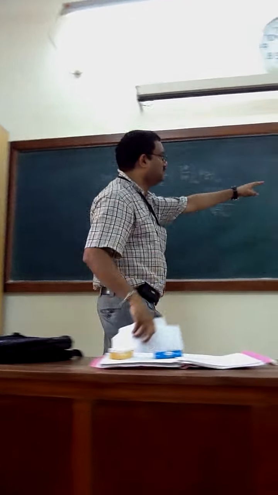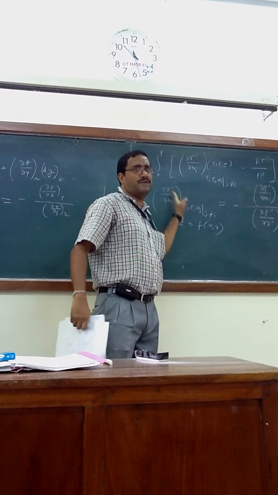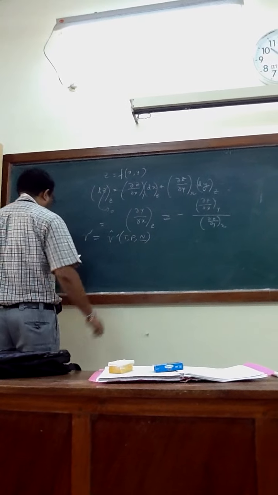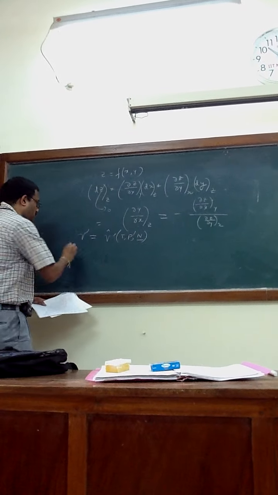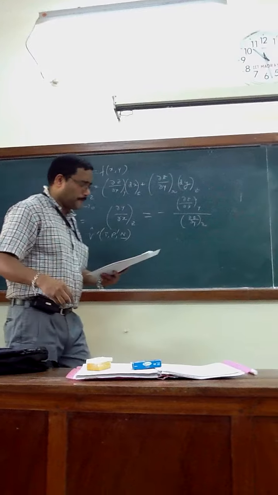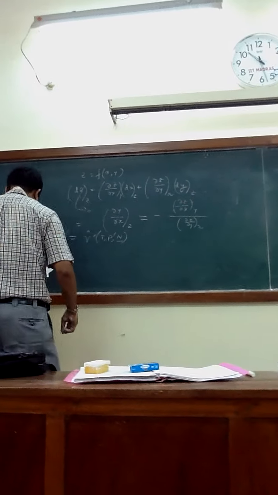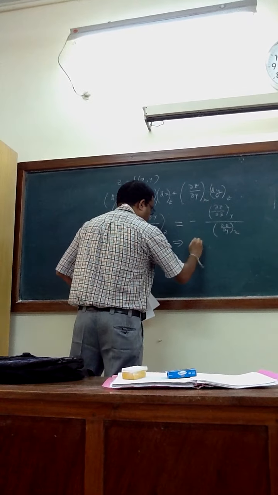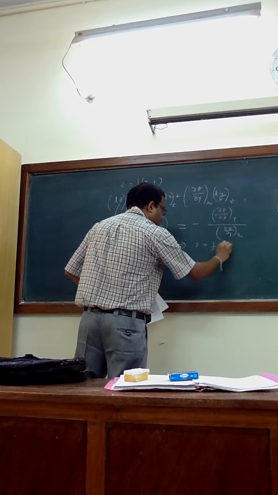Because this is my function, like my z function, and it's a function of T, P and N bar. Next step. T, P' and N bar. This is the original function, like your y equals f of x, z or something.